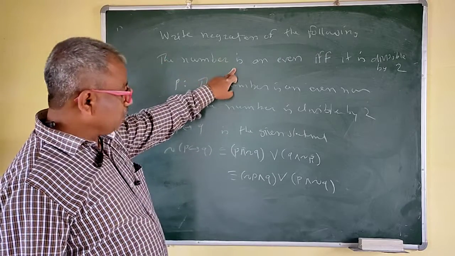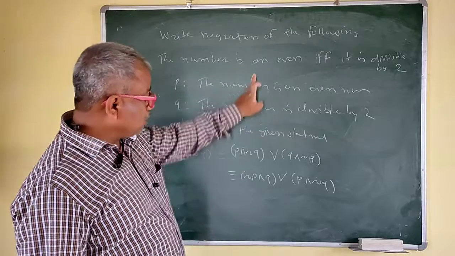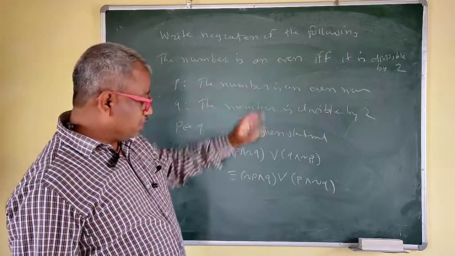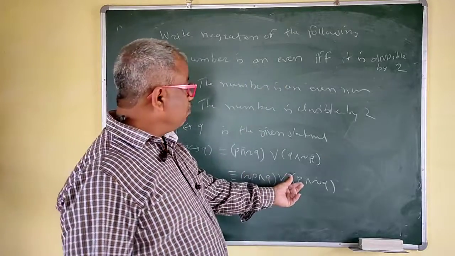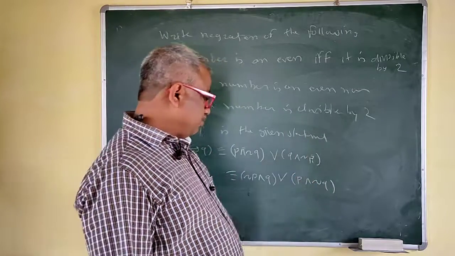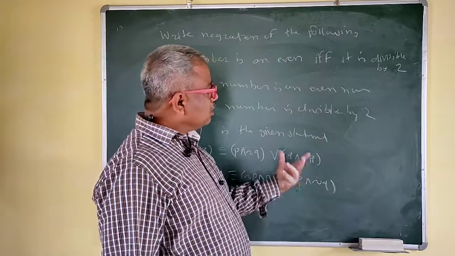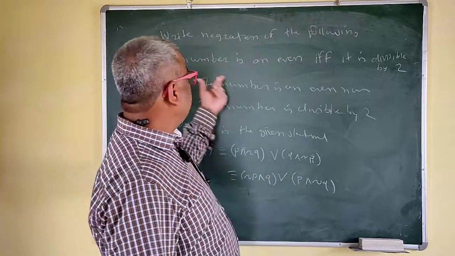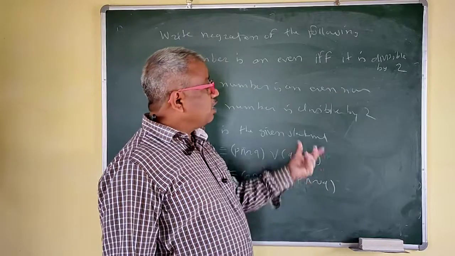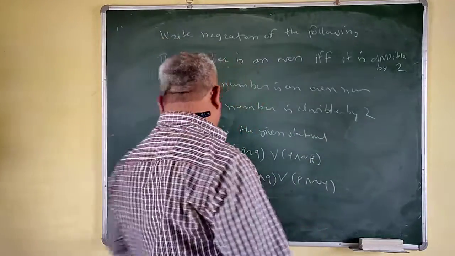The number is not even and it is divisible by 2, or the number is even but not divisible by 2, right? If you are not able to write but, then just simply say and: the number is even and the number is not divisible by 2. Just simply write this one. Okay.